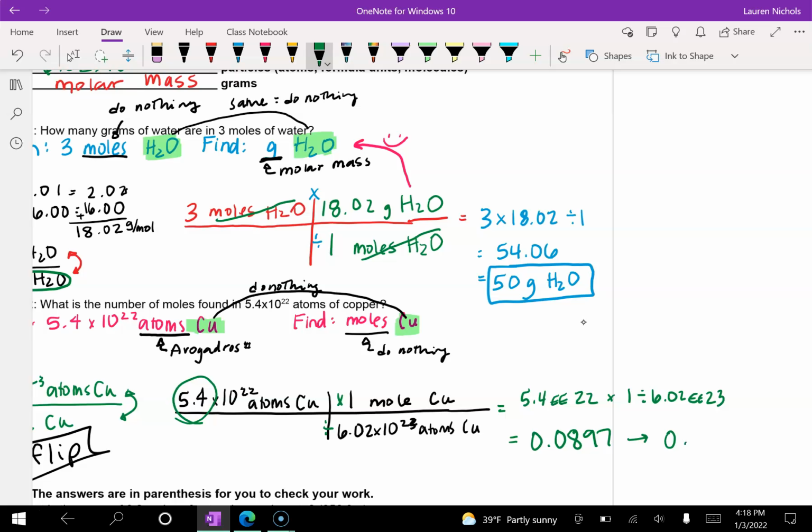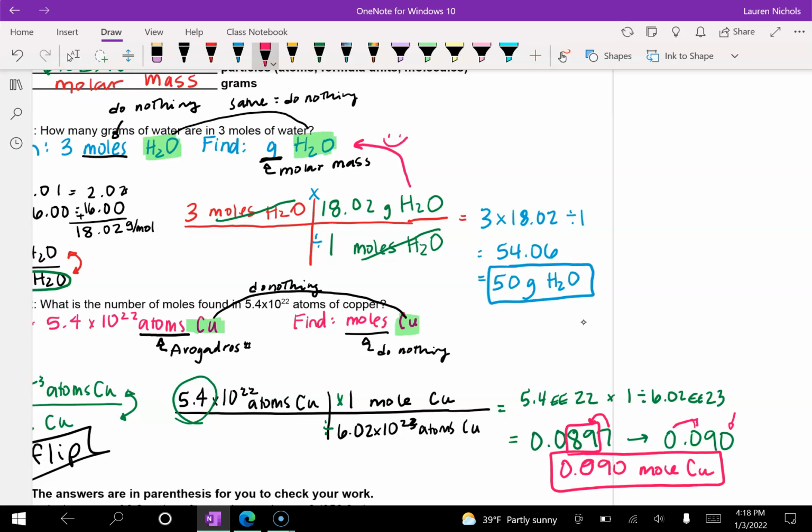So we're going to have 0.090, because remember, this 7 makes the 9 round up to 90. This 0 is significant, but these are not because they're leading zeros. So we have 0.090 moles of copper as our final answer.